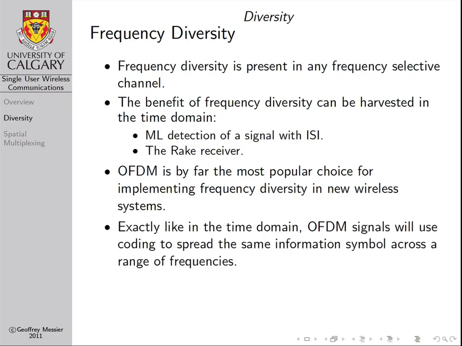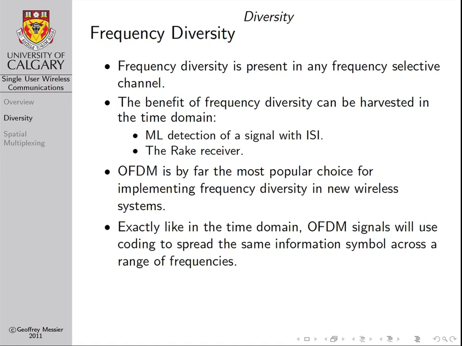So we know that OFDM transmits information on multiple orthogonal carriers spread across the frequency domain. We also know that a frequency selective channel basically has a bunch of fades in the frequency domain that look exactly like the gradual fades that you see when you look at a fading profile in the time domain.